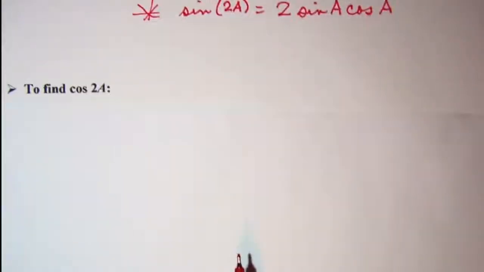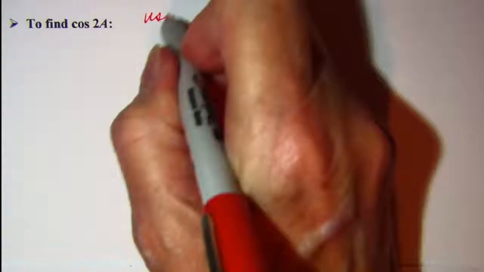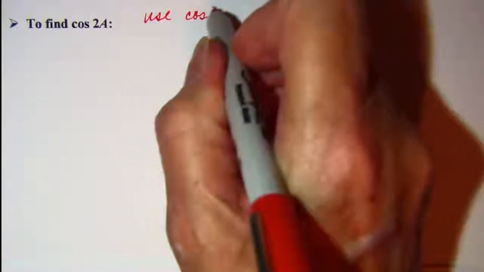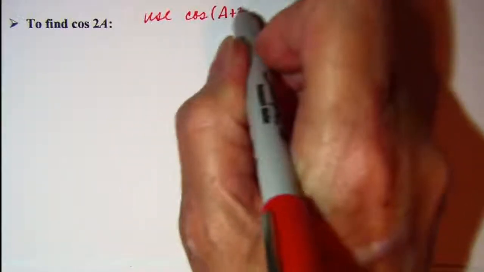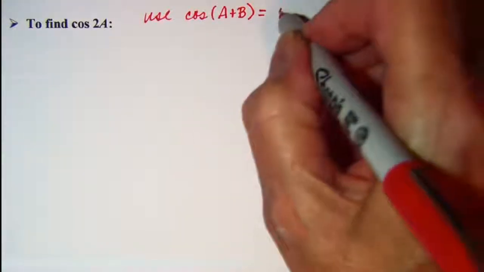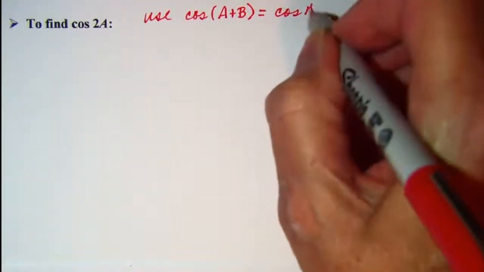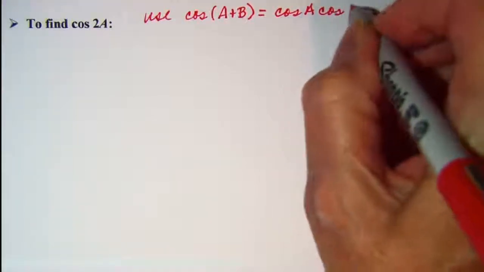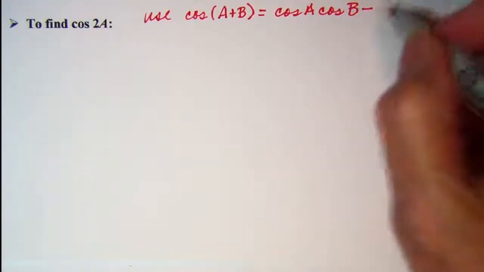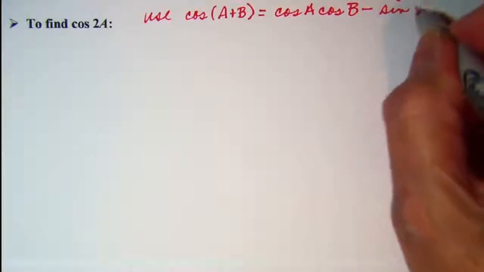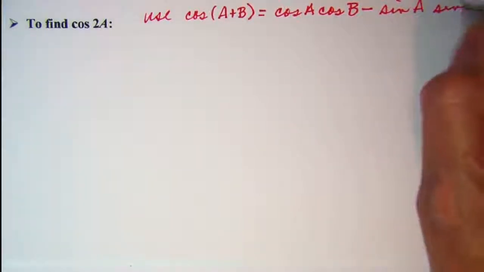Now let's do cosine of 2a. To find the cosine of 2a, I'm going to use cosine of a plus b is equal to cosine a cosine b minus sine a sine b.